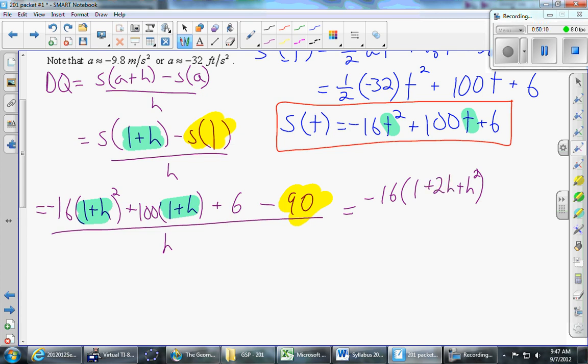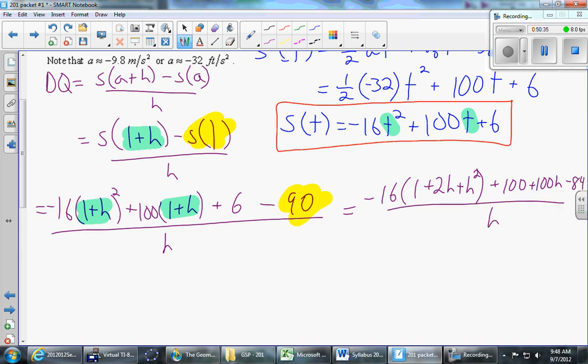Get a 2H in the middle. Plus, we'll go ahead and distribute the 100 there. 100 plus 100h. And then we'll combine. What do we have at the end? 6 minus 90, negative 84. Still divide by h.